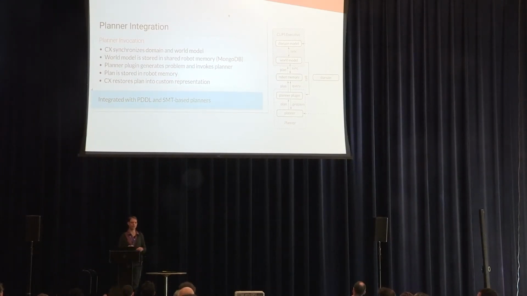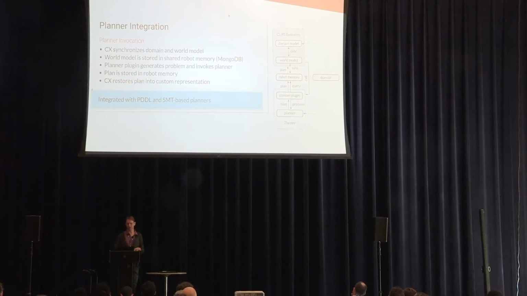So say you have the predicate that tells you the robot is in room A, but you only have a geometric position in your world model. Then there's an automatic translation that has an additional map that allows us to make the mapping automatically from the geometric position towards what the planner needs in terms of symbolic representation.